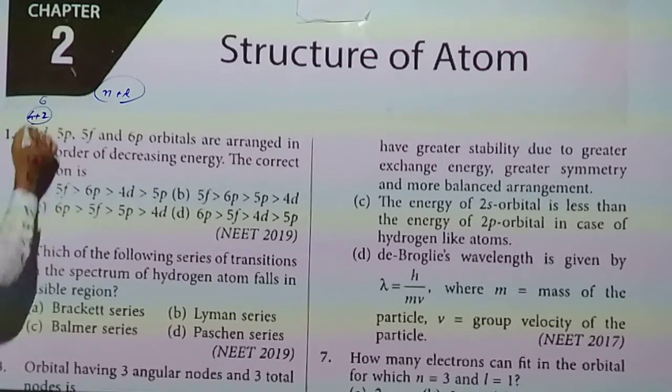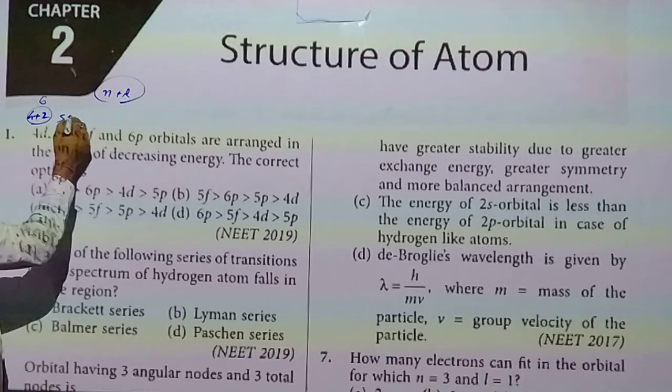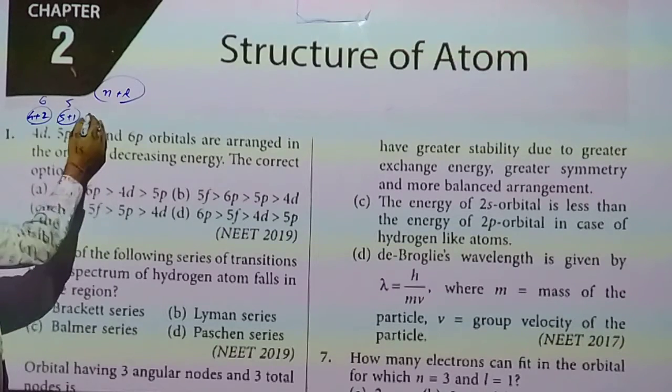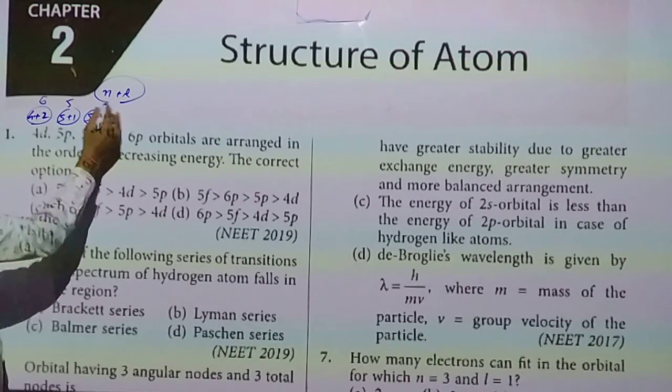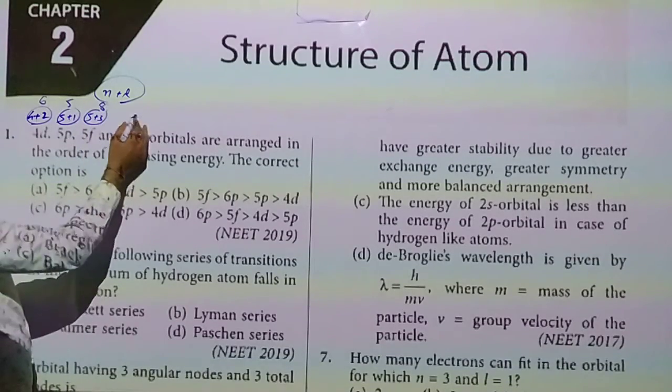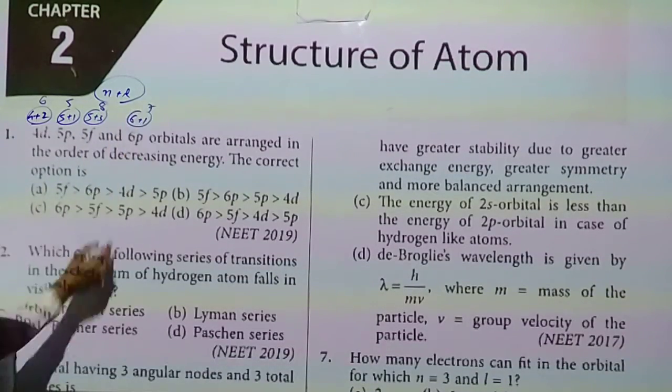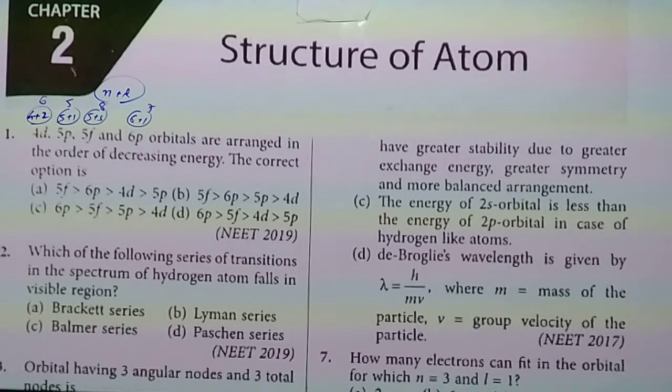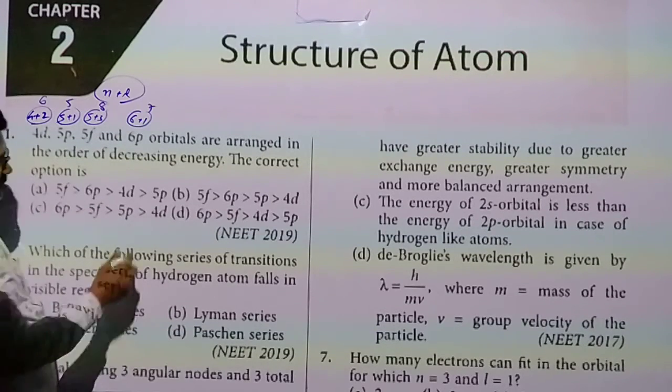Here 4 plus 2 is 6, 5 plus 1 is 5, 5 plus 3 is 8. Now 6p, 6 plus 1 is 7. So the one having value 5 has less energy. So 5p is least.